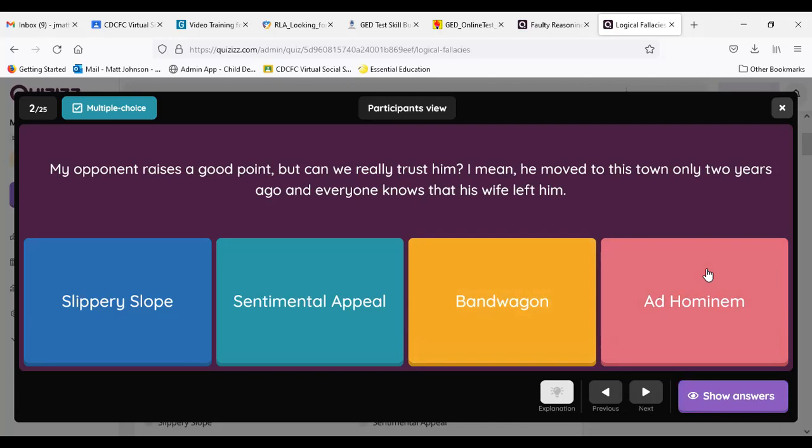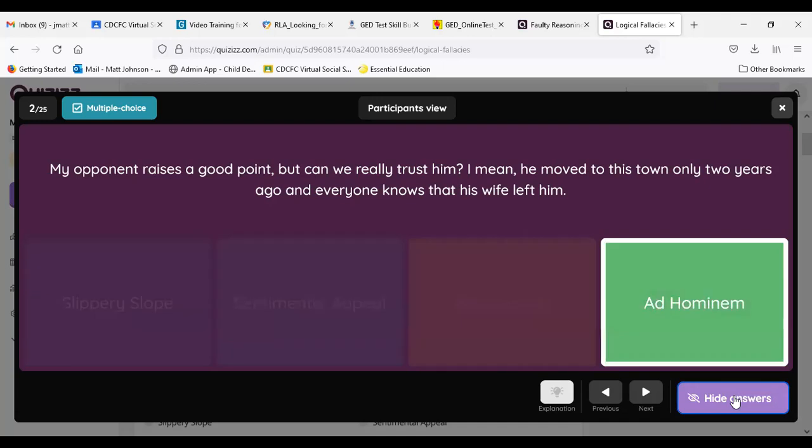Talking about character, about their history. Does that really have anything to do with the points he's making? No. So that's an ad hominem attack. Sorry about that.